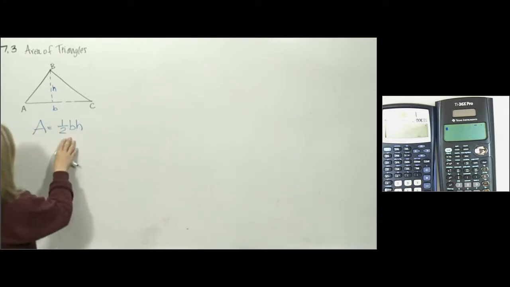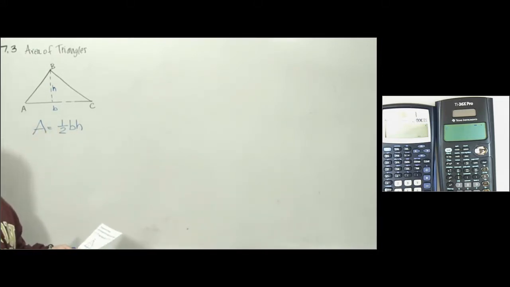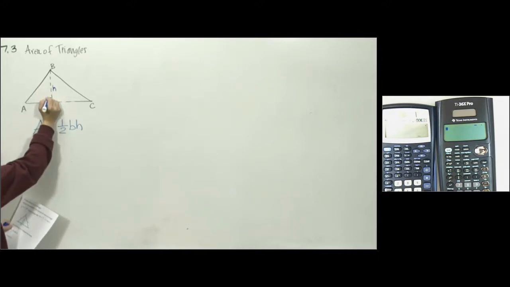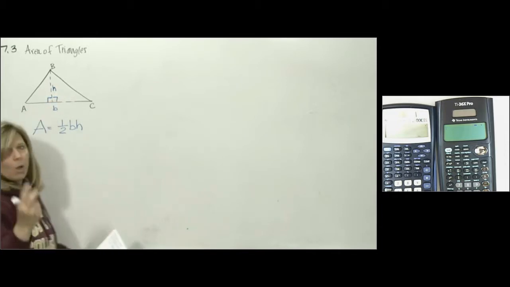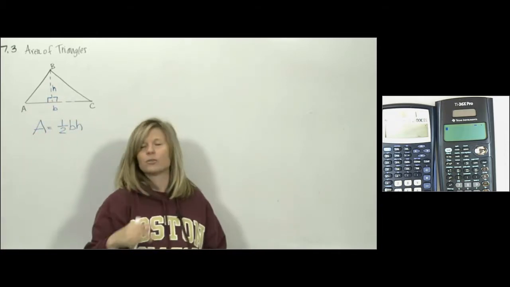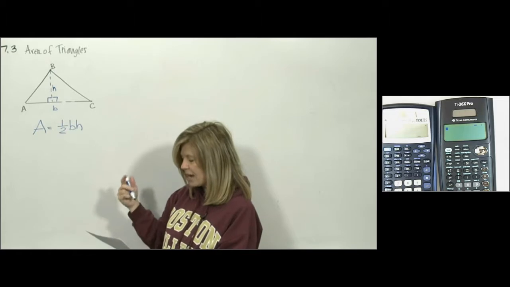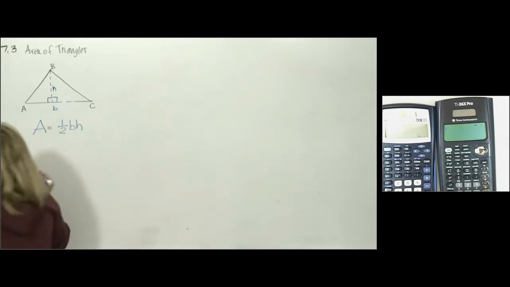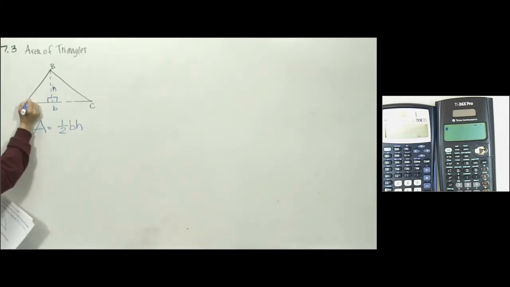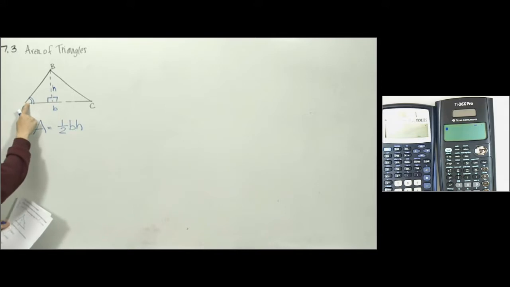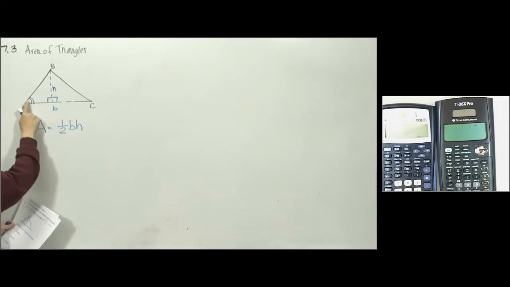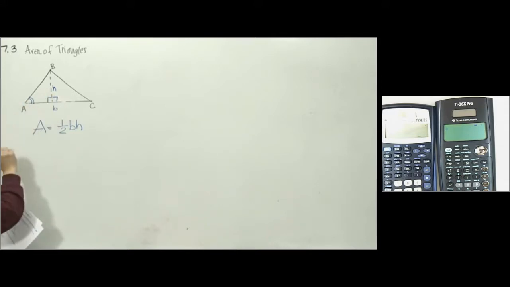Well, to transform this into a trig formula, it needs one of the trig definitions, sine, cosine, and tangent. So what happened is when they drew the height in, we know this is perpendicular, we make two right triangles. Okay, so mathematicians said, all right, let's again work with this acute angle. If you look at this acute angle and we do the sine value, sine is opposite, which would be h, over the hypotenuse.